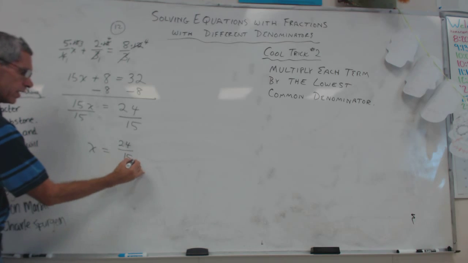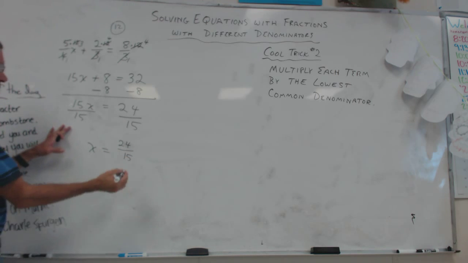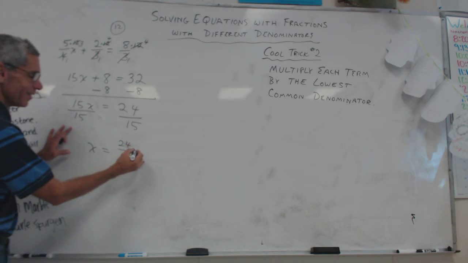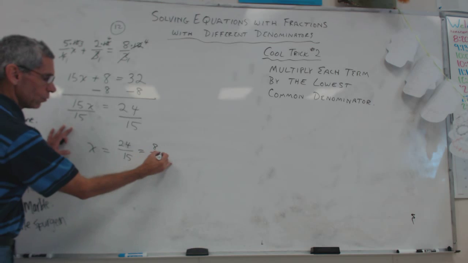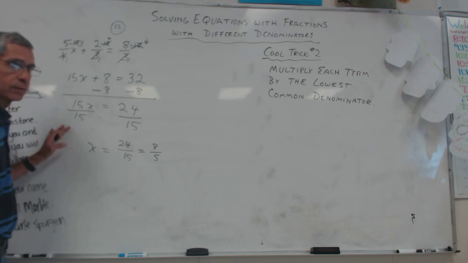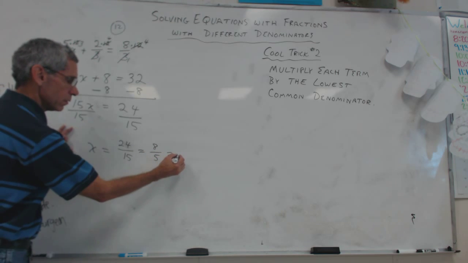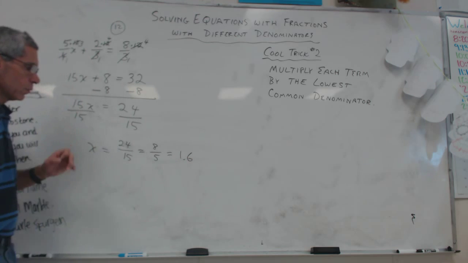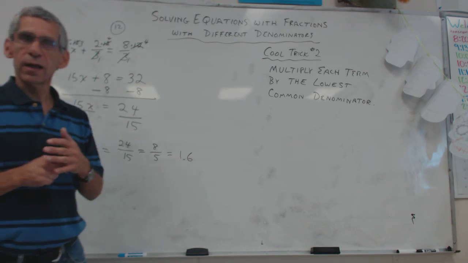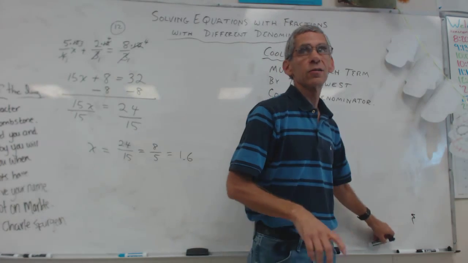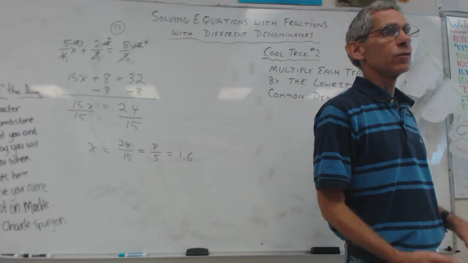Now, can I reduce that? 3 goes into both of these. Divide this by 3. It's 8/5, which is 1.6. Make sense? Okay.